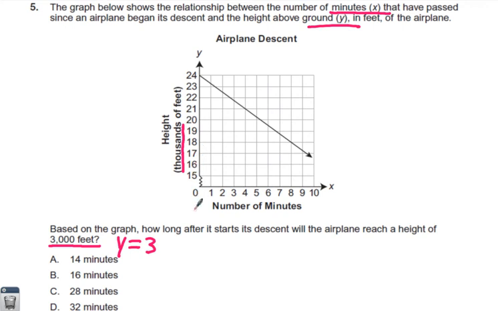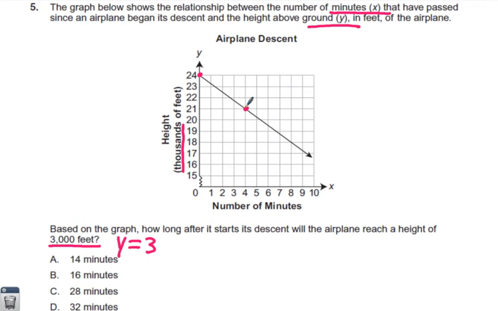Remember, this is in thousands of feet. Here's what you can do. Based on the slope, this is the third question in a row about rates and slope. Going from here to here, it looks like we're going down 3 every 4 minutes.